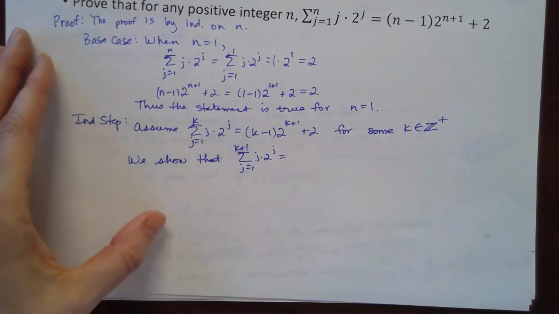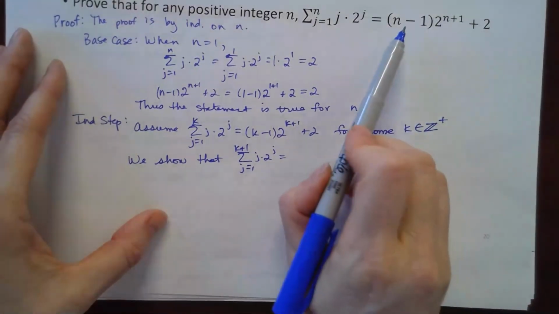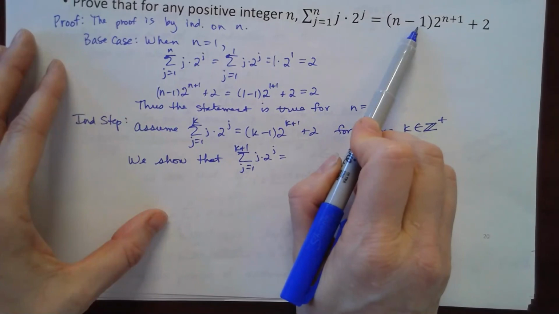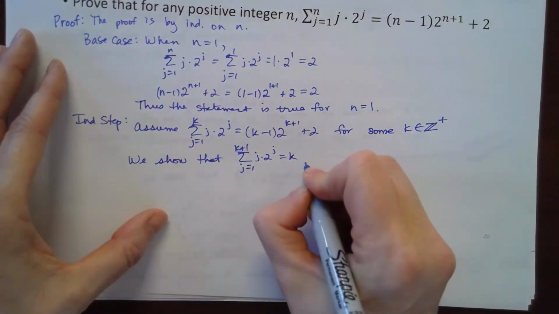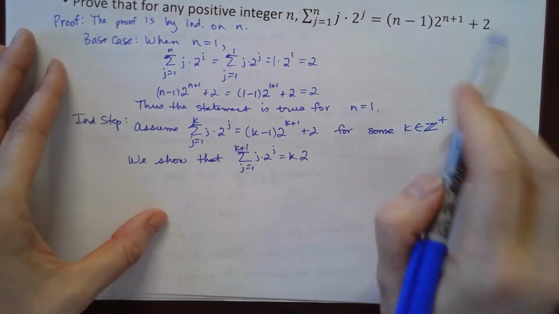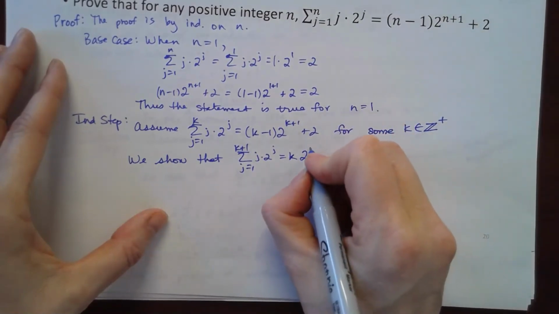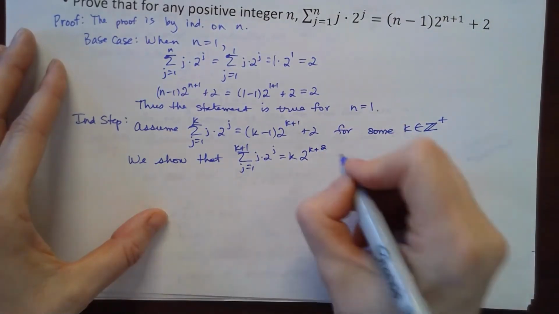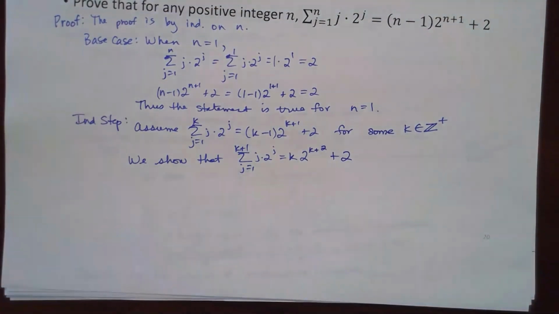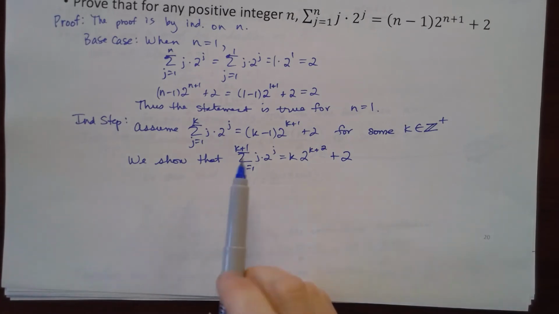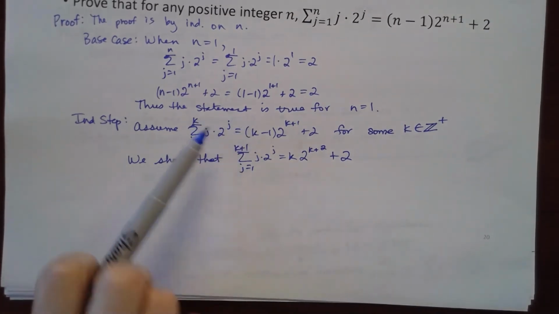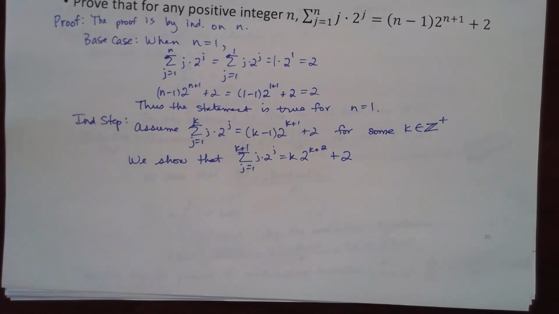If I substitute k plus 1 in there, k plus 1 minus 1, that's k, times 2 to the k plus 1 plus 1, that's k plus 2, plus 2. So we just want to show that if it works for k, then it's going to work for k plus 1 as well.